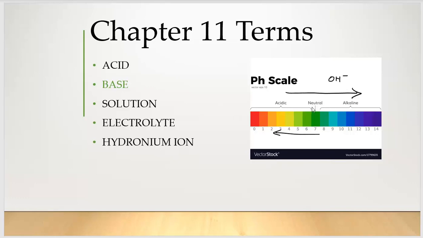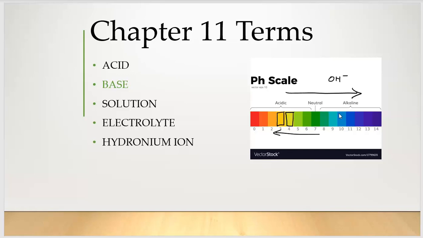So if something is a 4 on this scale and there is a 3 on the scale as well, two substances, one of them is 4 and one of them is 3, then this is logarithmic, so it means that the substance that's a 3 is roughly 10 times as acidic as the substance that is a 4.